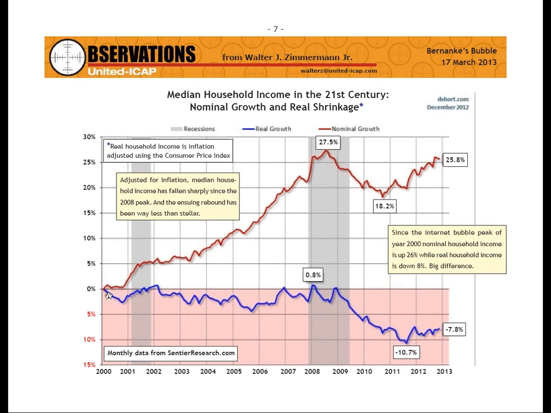If we go back to the peaking of the internet bubble, and that's where many of these perspectives will begin from, median household income has fallen 8% since 2000, while the nominal has increased 26%. That's a huge bid ask between the real and the nominal.